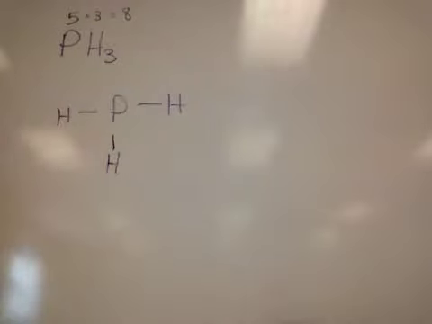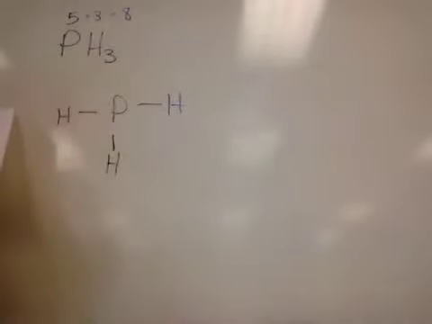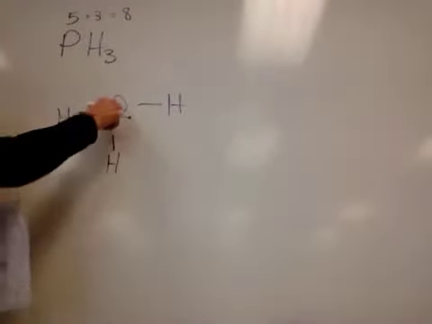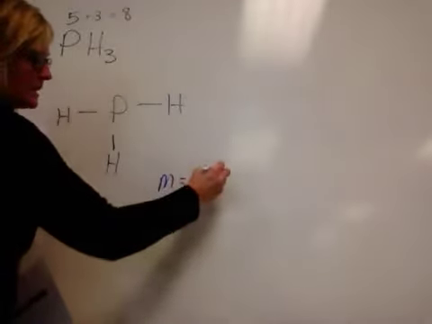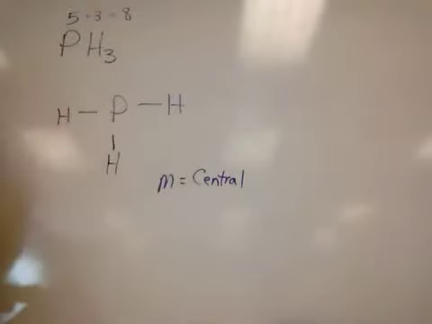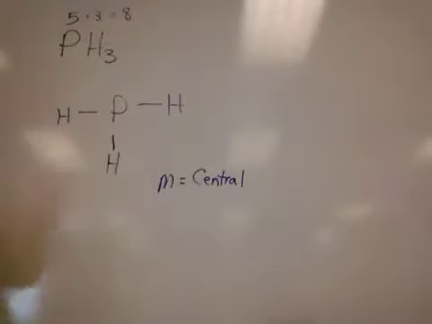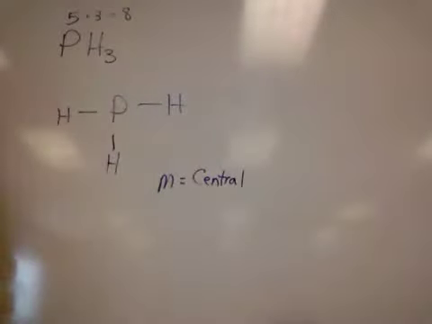So using your cheat sheet, I would have 4 regions of density. On your cheat sheet, M equals the central atom. So you can put M equals central. You can put that on your cheat sheet. So P would be my central atom.